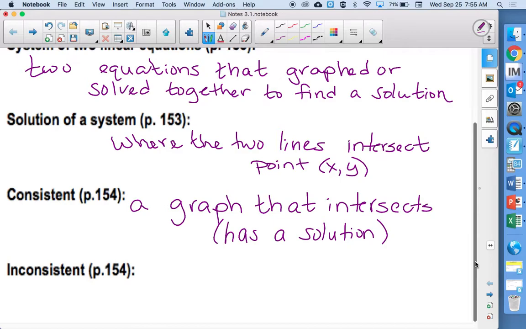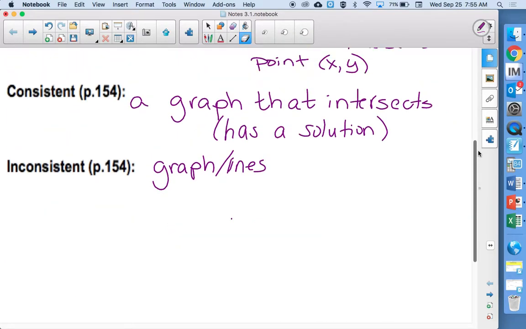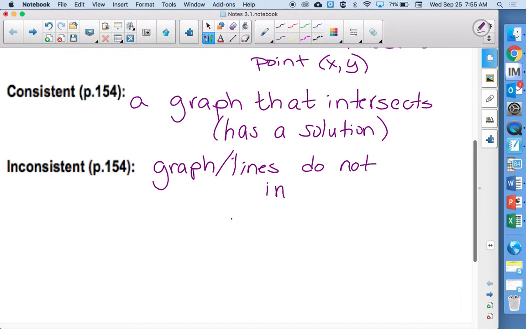Inconsistent means our graph does not intersect, or our lines do not intersect. So that means there would be no solution.